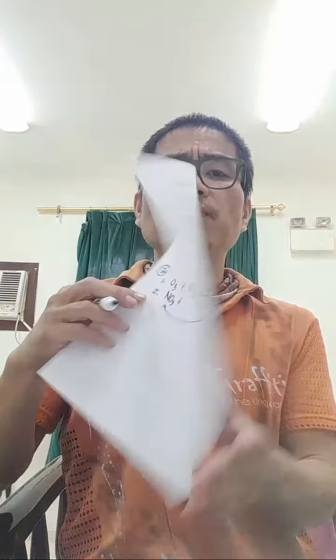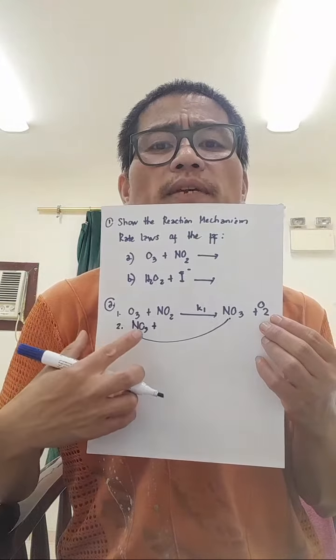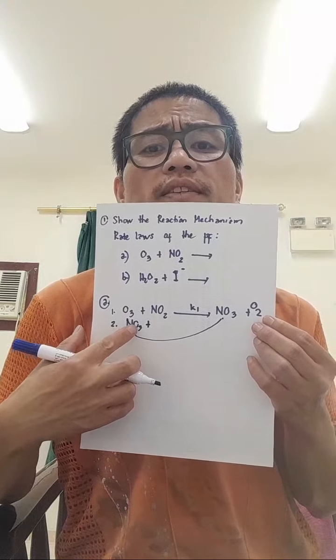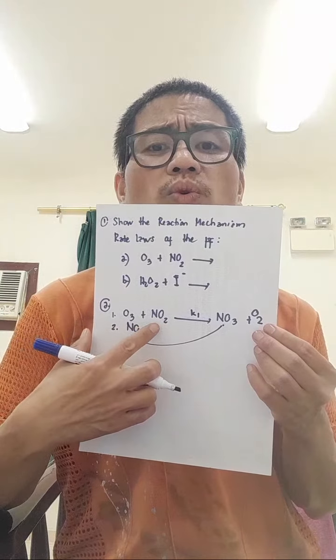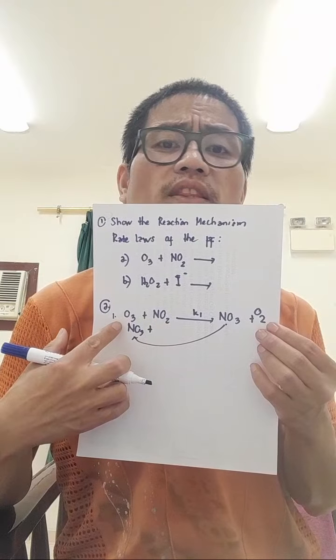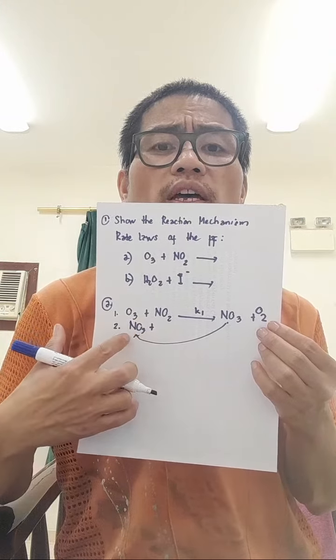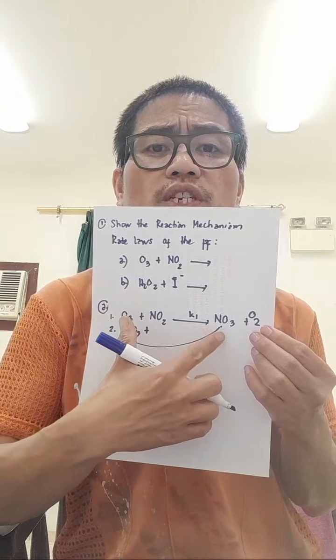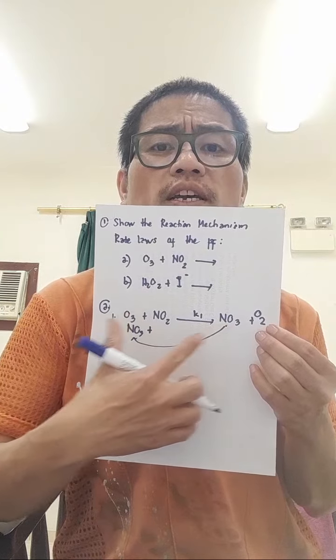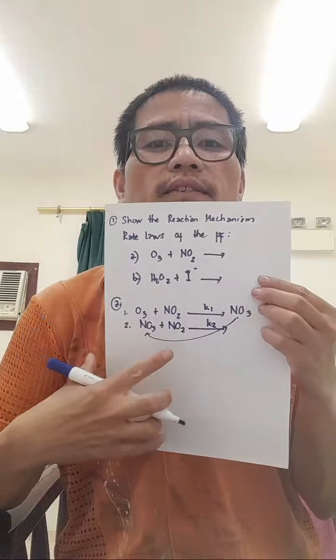Take note, it should be added with the same NO2, not the O3, not the oxygen gas. It's the NO2. So the NO3, the first product, will be reacted with NO2, like that. So this will be our rate constant k2, like this.